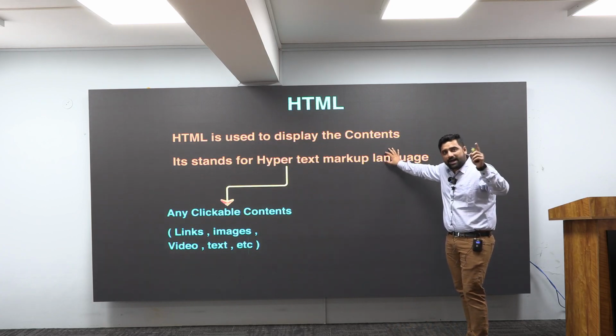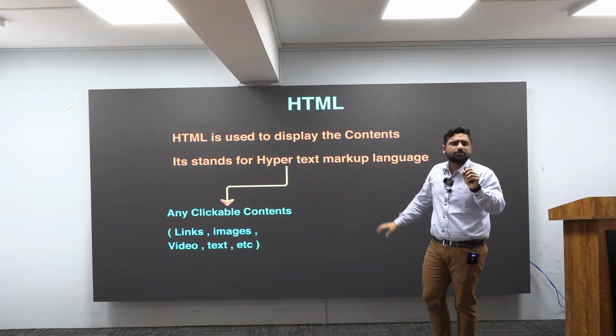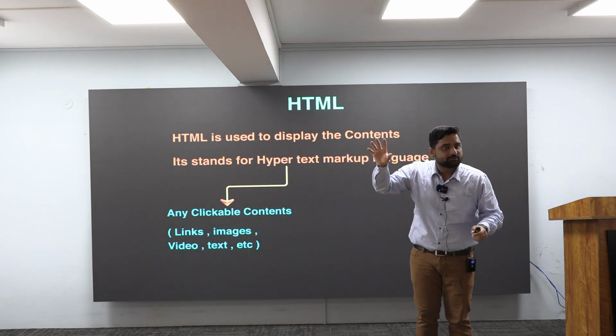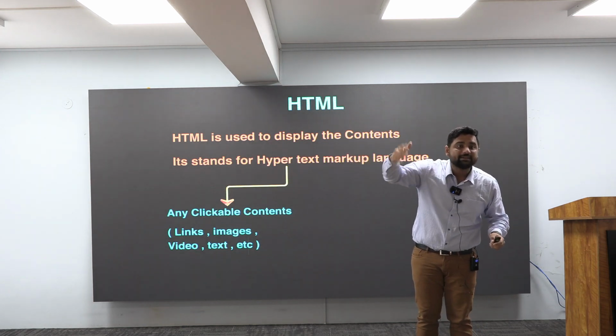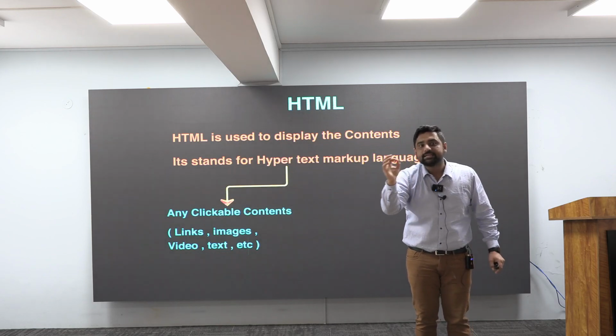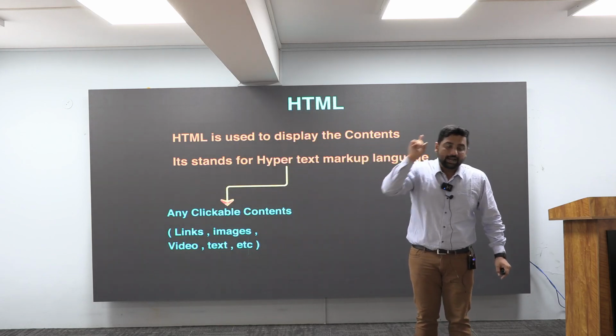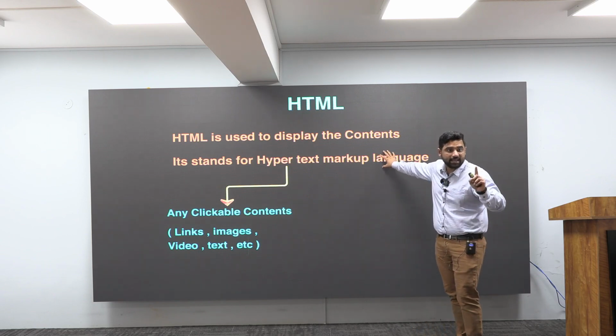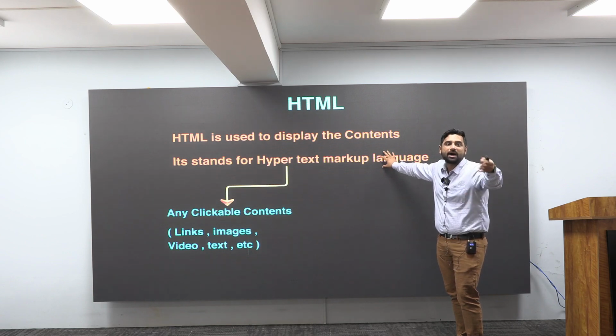Why are you considering Java an object-oriented language? Because we are having all the pillars of object-oriented programming. Not only Java, there are other languages also which follow the principles of object-oriented programming. Right now here also, we don't have only HTML as a markup language. We are having other languages also which we have to consider as markup.